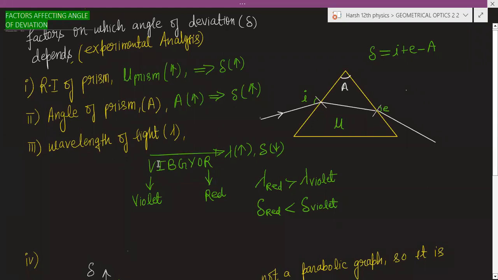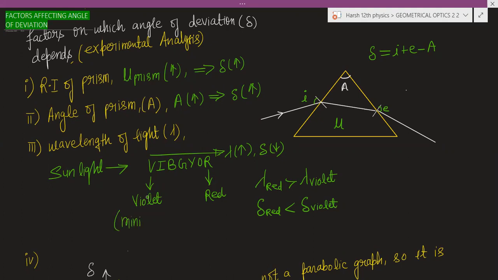Sunlight, or white light, has 7 colors: violet, indigo, blue, green, yellow, orange, and red. The violet color has the minimum wavelength and the red color has the maximum wavelength.